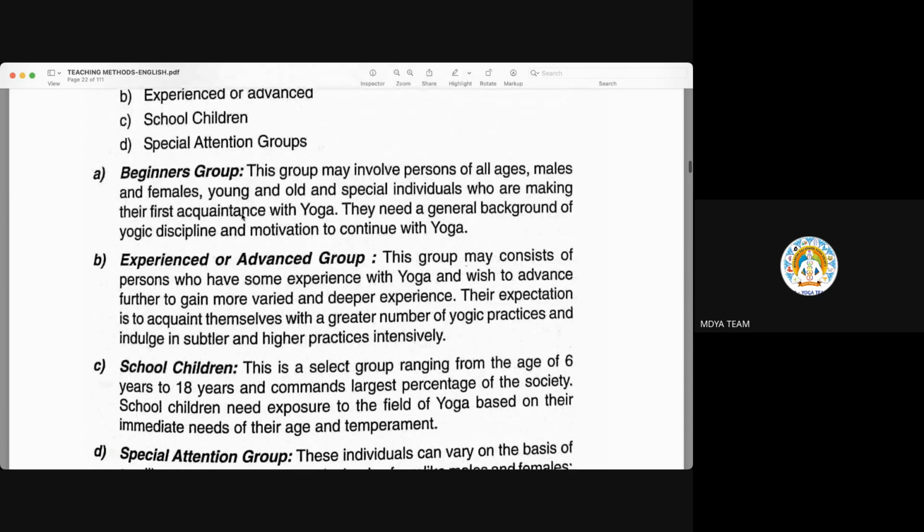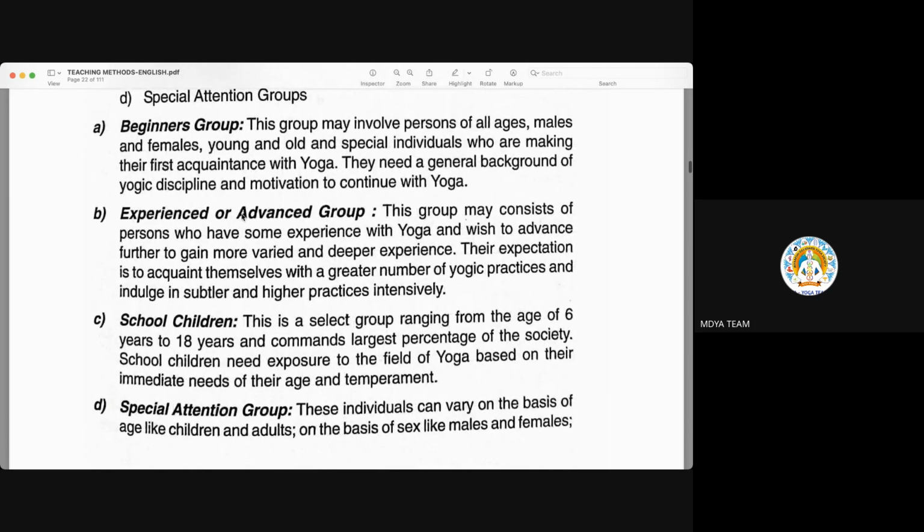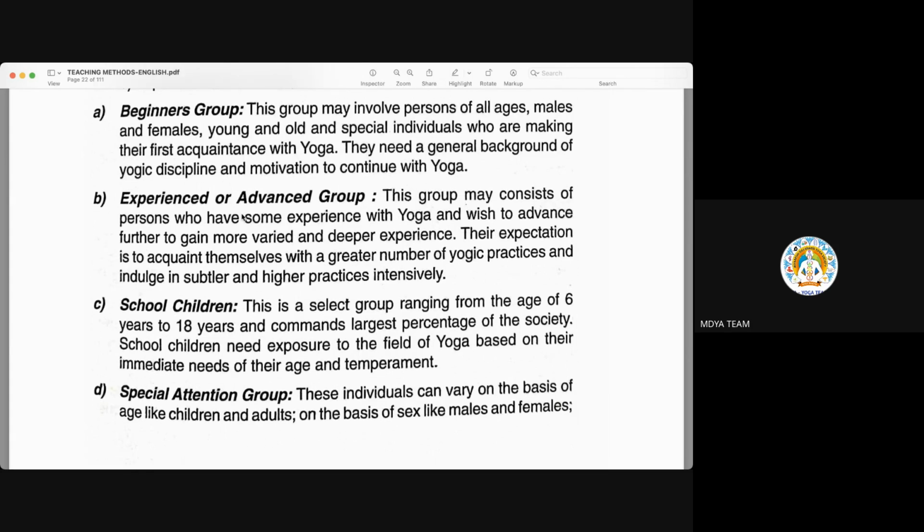First is the beginner group. So what does beginner group mean? This group includes persons of all ages, males and females both, young and old, or special individuals who are making their first acquaintance, or first introduction, with yoga.